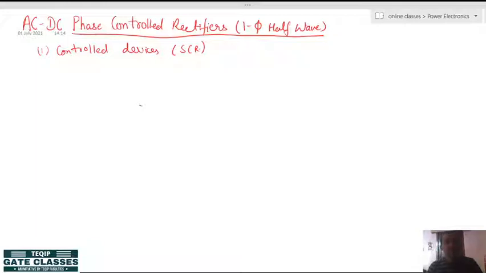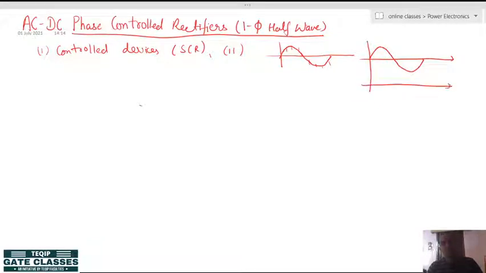Second, they are called phase controlled rectifiers because, if you have this sine wave, in uncontrolled rectifiers you cannot control its phase, but with phase controlled rectifiers you can control the phase of any input sine wave. Means if this is your input sine wave, you can get output in different phases like this. Since you are able to control its phase, they are known as phase controlled rectifiers.